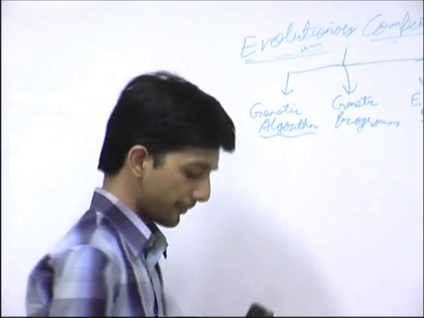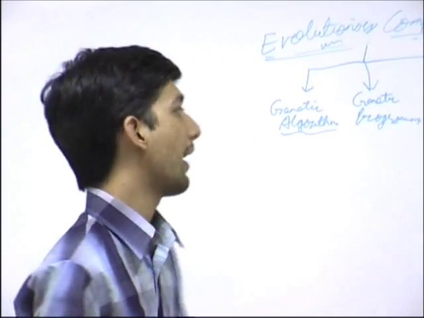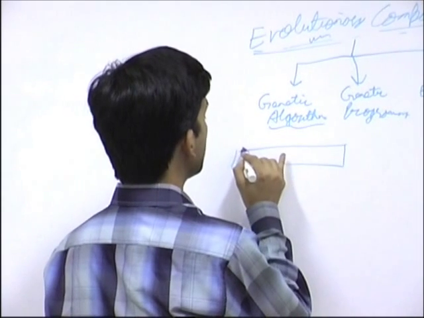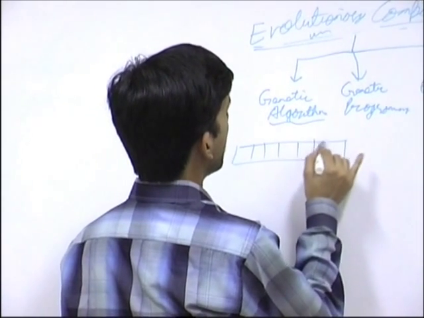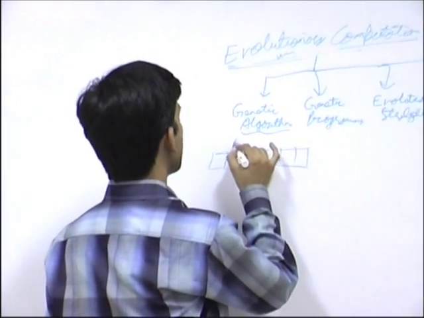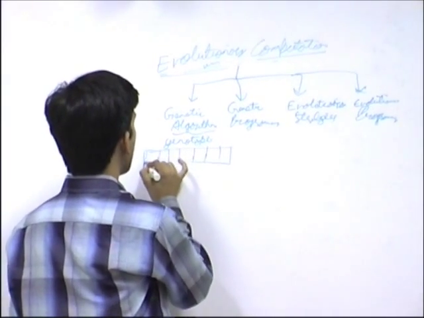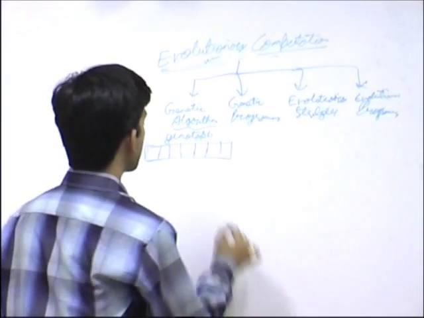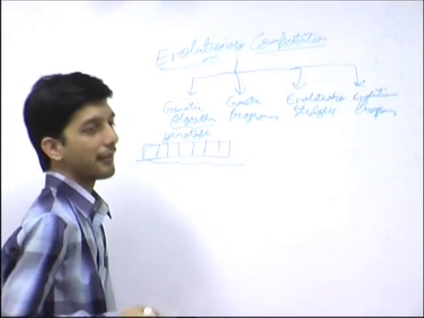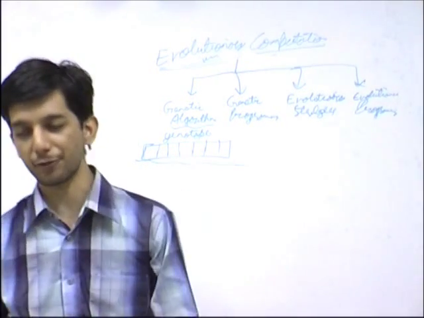What the genetic algorithm says is that I have an individual which may be represented in some format known as the genotype of the problem, and my only task is to do some kind of operations with this class of individuals.